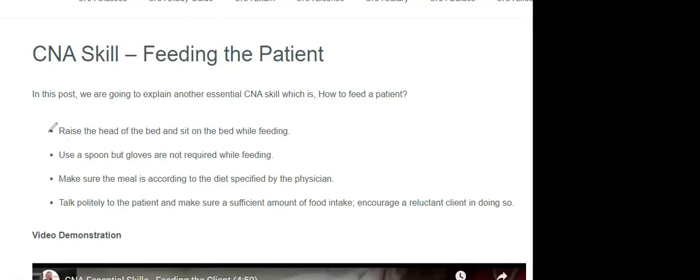Raise the head of the bed and sit on the bed while feeding. Use a spoon, but gloves are not required while feeding. Make sure the meal is according to the diet specified by the physician. Talk politely to the patient and make sure a sufficient amount of food is taken in. Encourage a reluctant client in doing so.